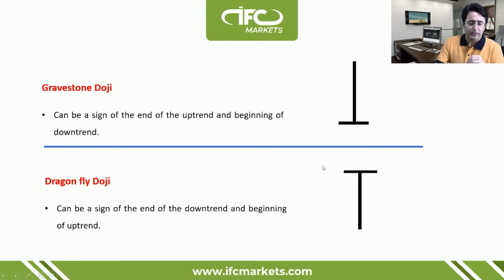You can find it at the end of a downtrend when the price is trying to go lower but cannot, and it comes back to the opening price and closes there. So it means that the current downtrend is going to end, we are going to start a new uptrend, and the trend is going to be reversed from here.